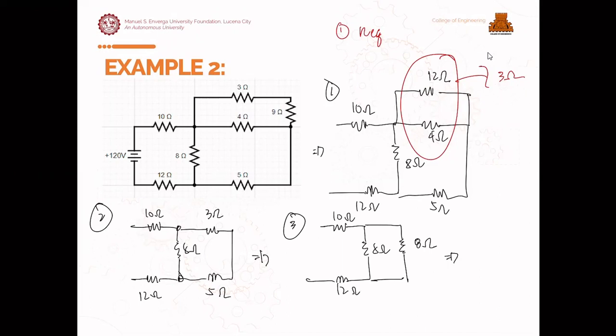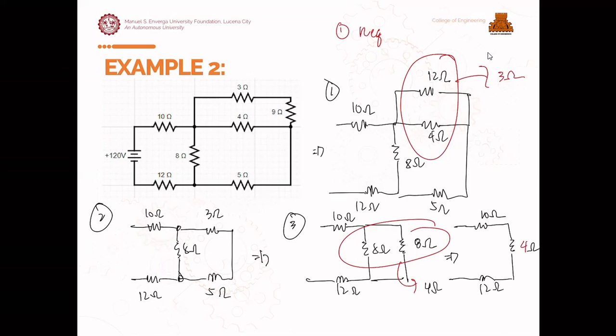Next is combine lang natin ngayon into one value. Okay. So, ito will be equals to 8 inverse plus 8 inverse. Then answer, inverse. So, we have 4 ohms. 4 ohms. 12 ohms. Okay.